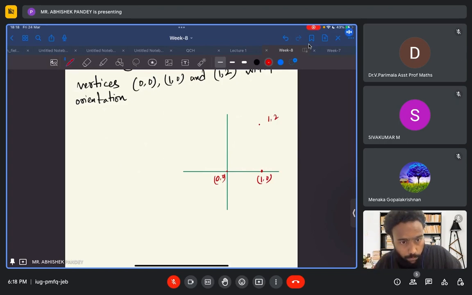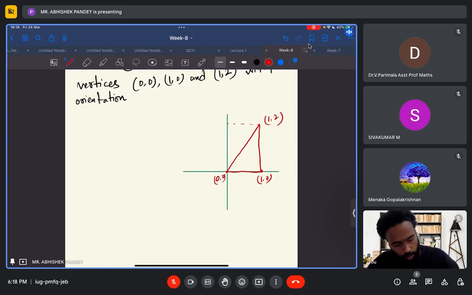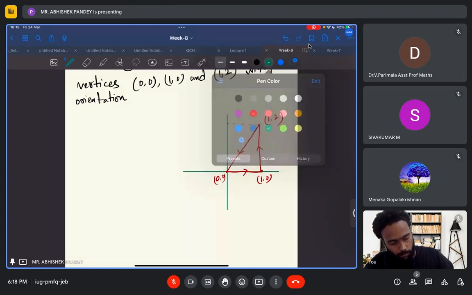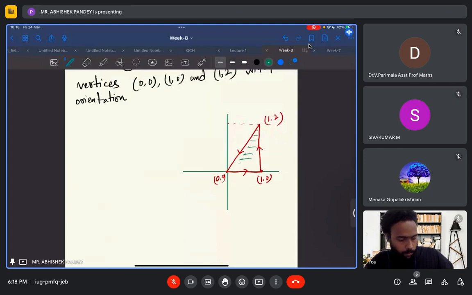This will be your triangle. This is your C, and we have to take the anti-clockwise direction, so this is the direction. This is your R, this is your C. Okay, fine.